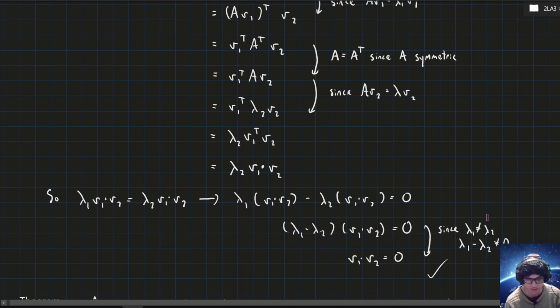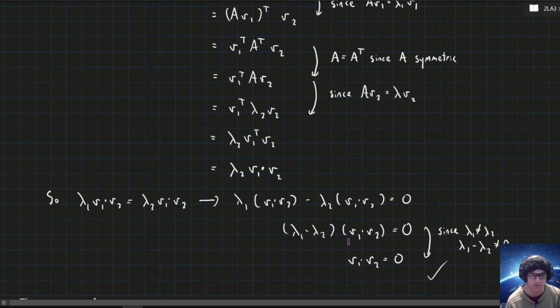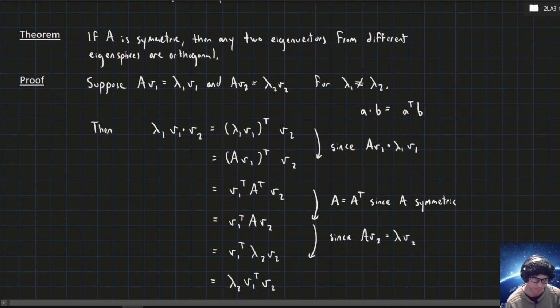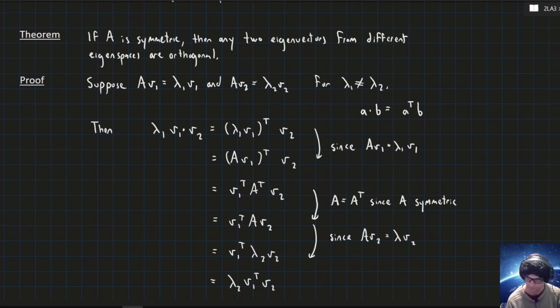Since we assumed that lambda 1 and lambda 2 were different, that means lambda 1 minus lambda 2 is non-zero. So we have a non-zero number times this number, V1 dot V2, equal to 0. Therefore, we conclude that V1 dot V2 has to be 0. In other words, V1 and V2 are orthogonal, just as we wanted to prove.